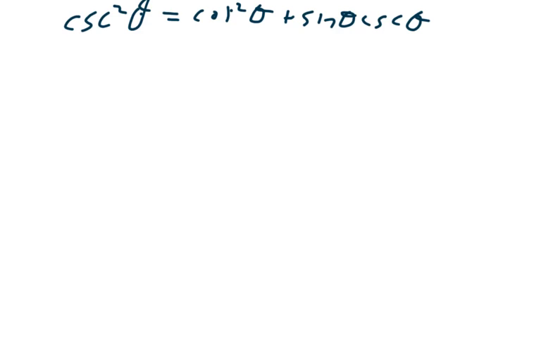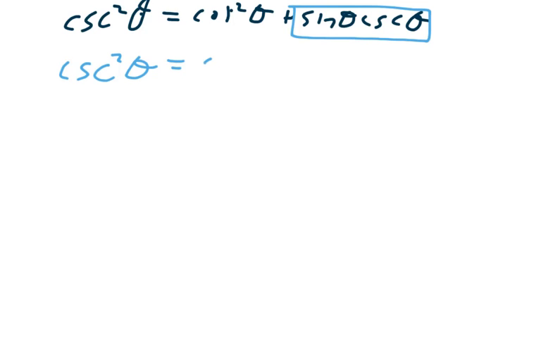Alright, so cosecant squared theta equals cotangent squared theta plus sine theta cosecant theta. And we did this problem in class changing everything to sines and cosines, so I'm going to show you an alternate way here. Because we know sine and cosecant multiply to 1, because those two are reciprocals, I'm going to have cosecant squared equals cotangent squared theta plus 1.